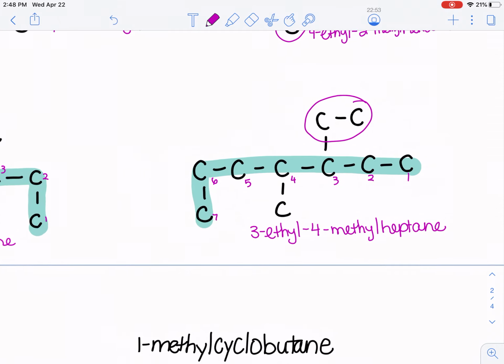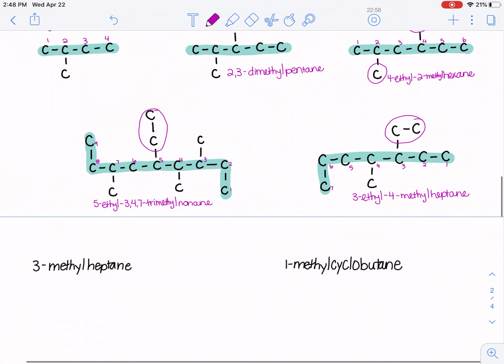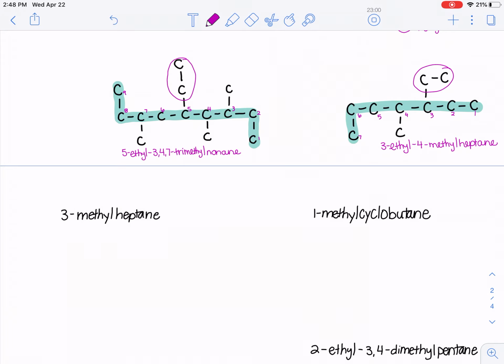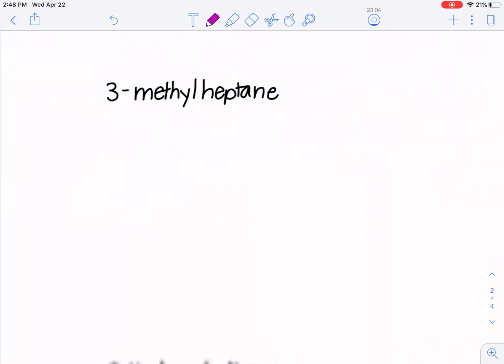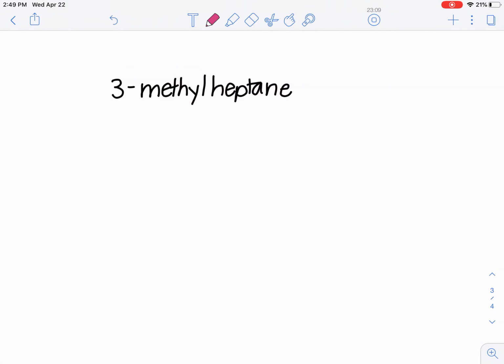I think if you can name them, then doing the opposite, drawing, becomes very, very easy, which is why I emphasize naming them first. But here is what drawing would look like.